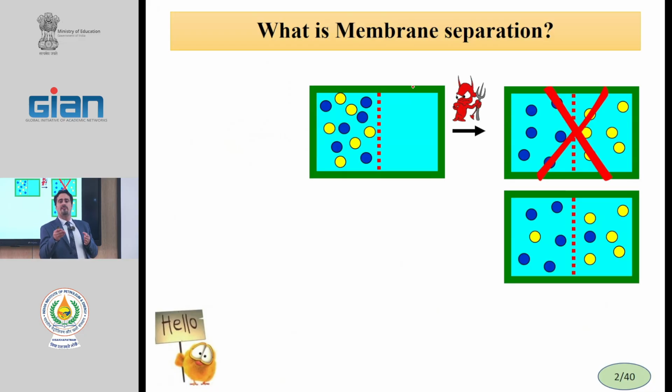We may have 15 nanometers or 30 nanometers. Therefore, we do not have equal and similar pore sizes, and so we do not have complete separation.